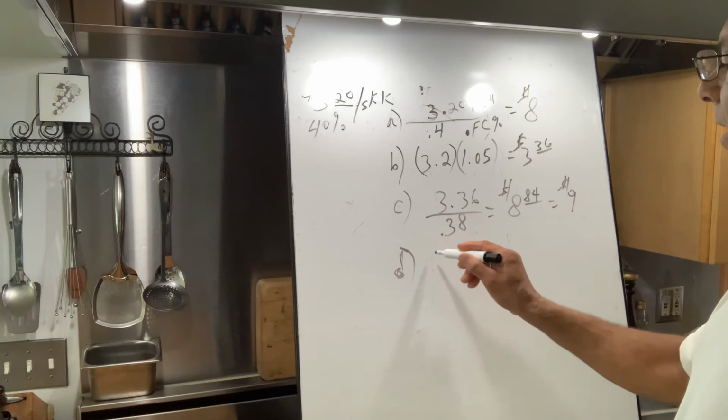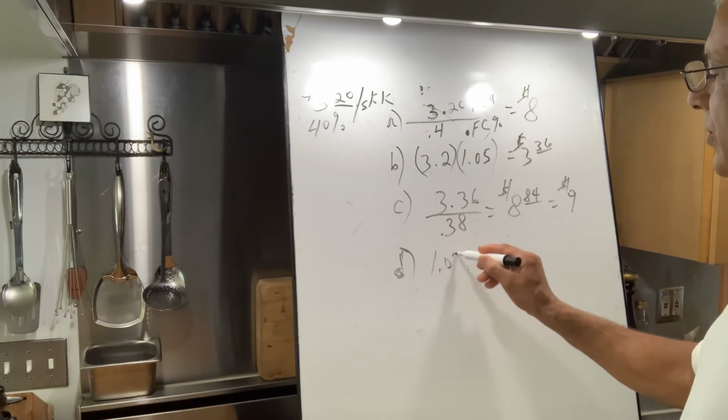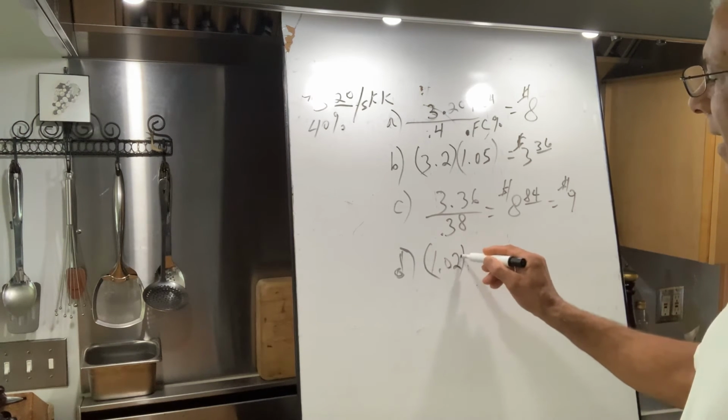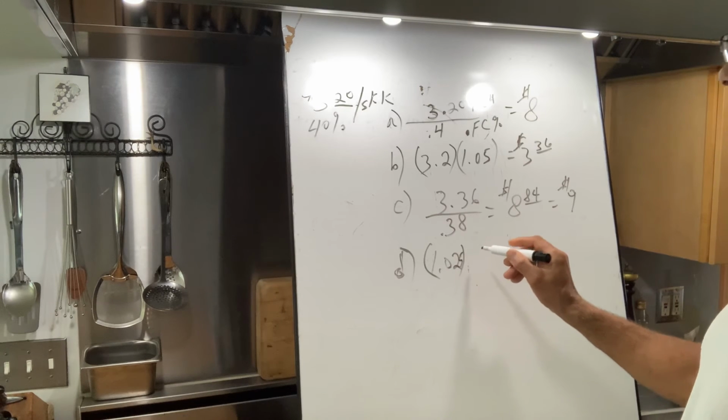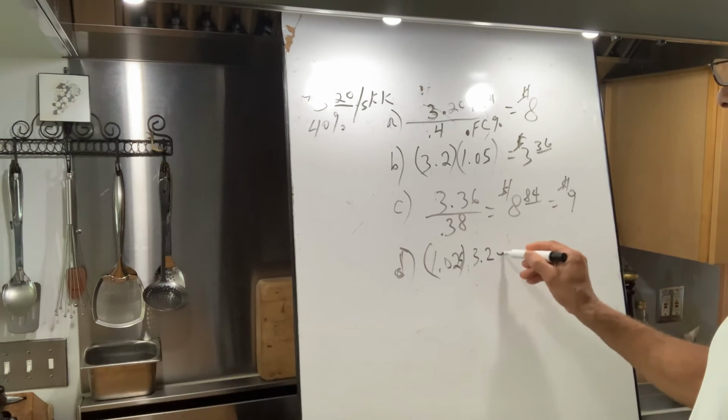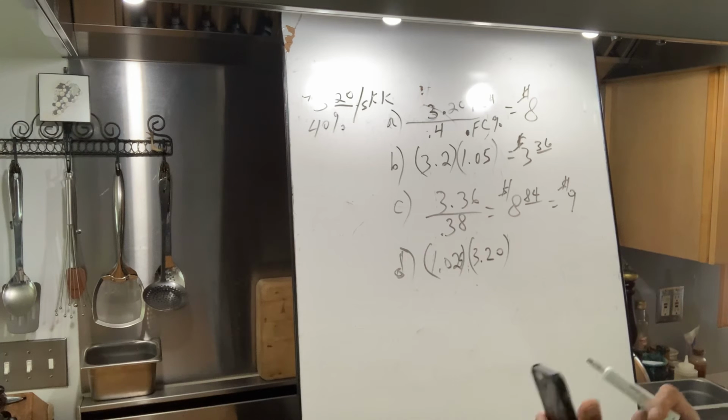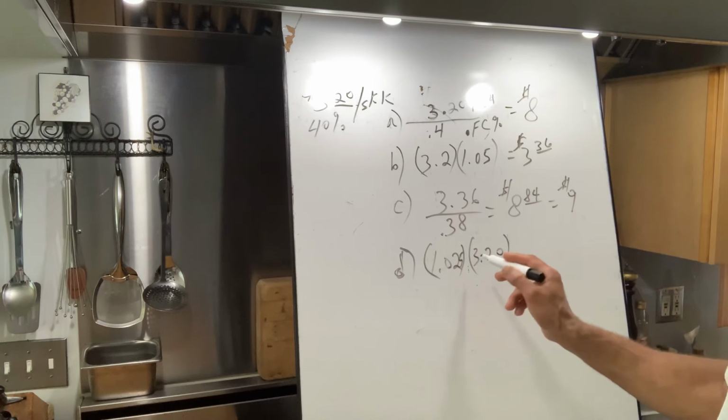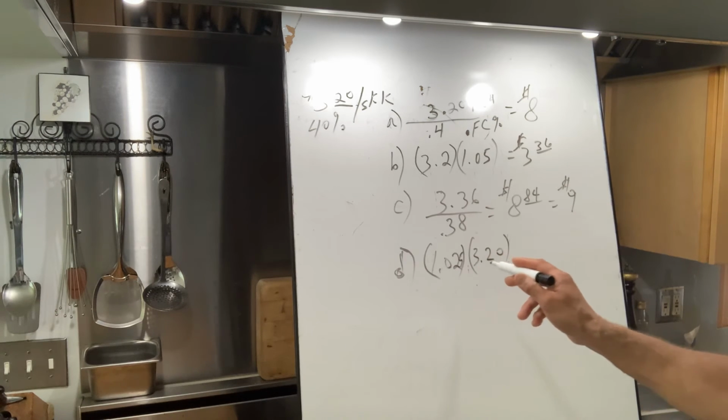So 1.025 times $3.20. Remember, 2.5% is 0.025.